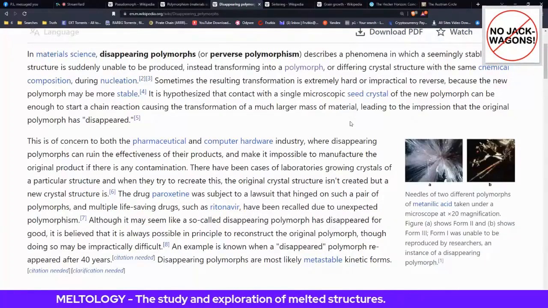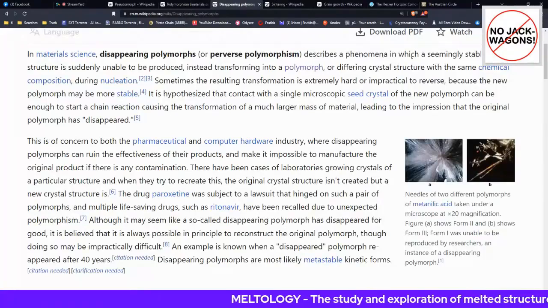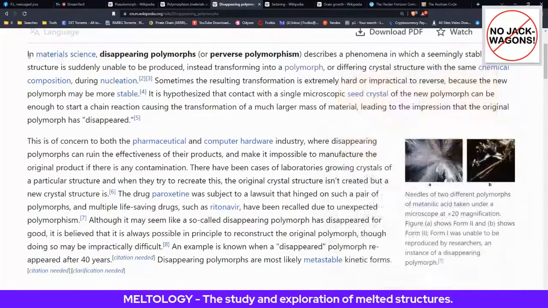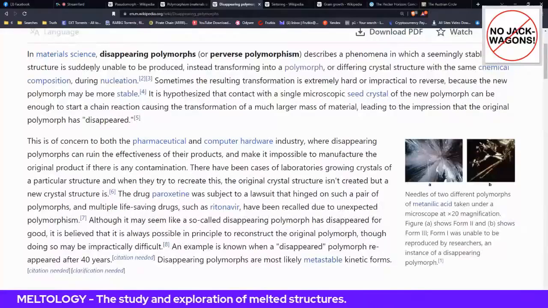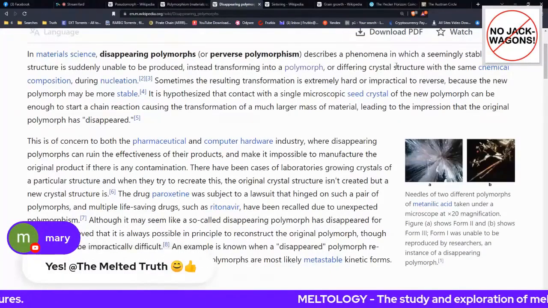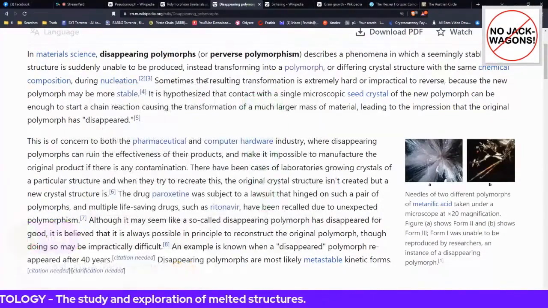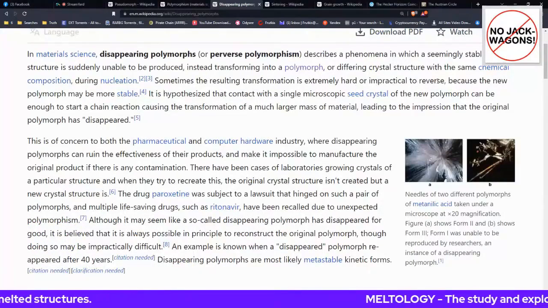And this phenomenon, the disappearing polymorph, or perverse polymorph, describes a seemingly stable crystalline structure that is suddenly unable to be produced because it has changed into another, different crystal structure that wasn't there before.